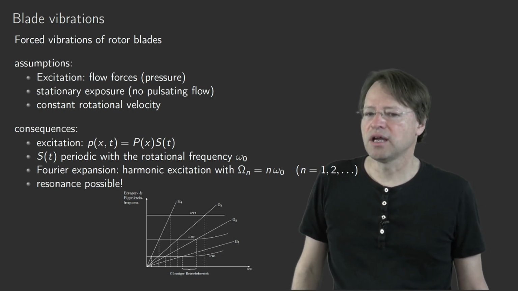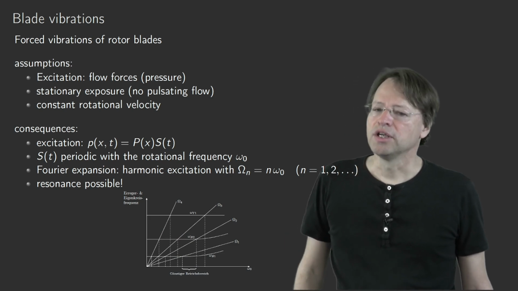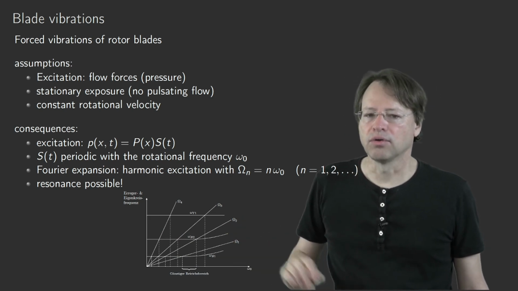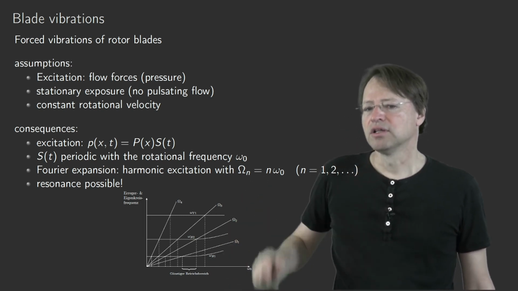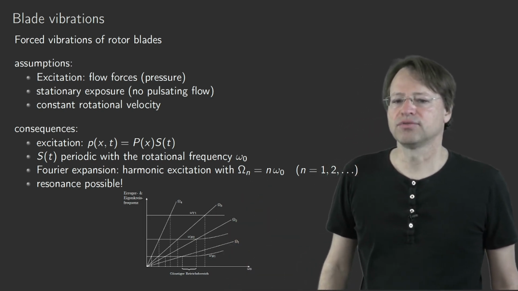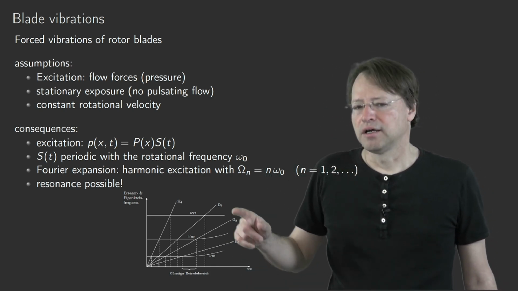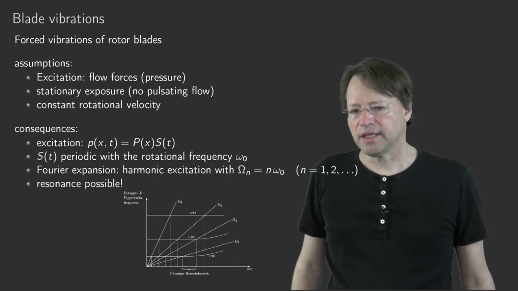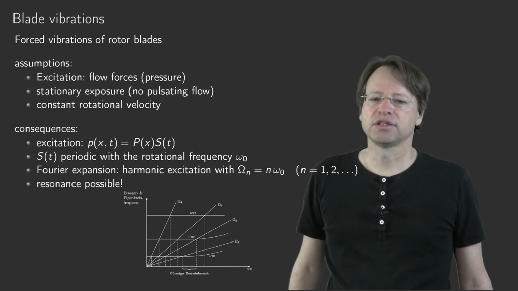You can see that there are many situations where you can find resonances, so you cannot avoid all of these resonances, because these are also only the first three natural frequencies. There are many more natural frequencies and many more excitation straight lines.